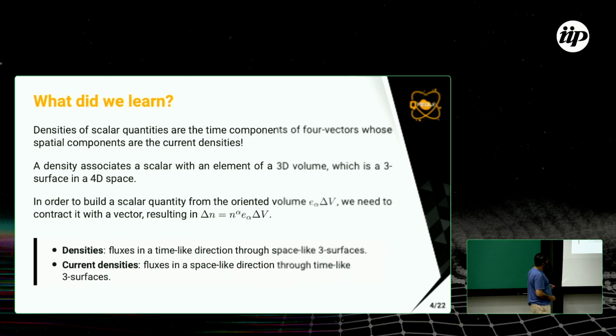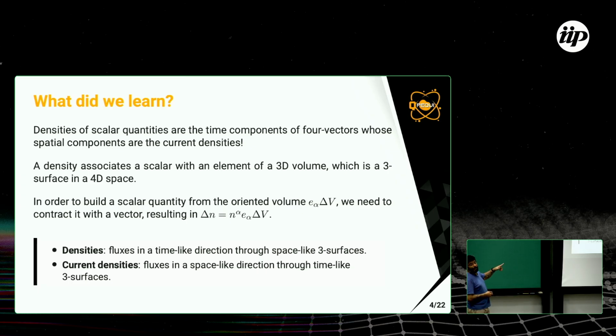And currents are fluxes in space-like directions. So in the direction of space, things are moving, particles are moving, we have a current. Okay? So this is the basic thing that we learn about densities and current densities.